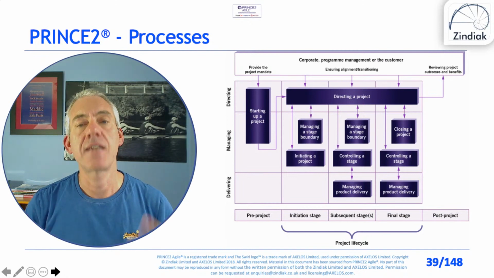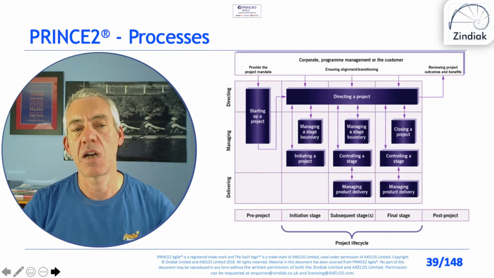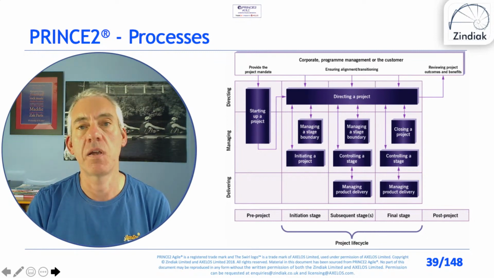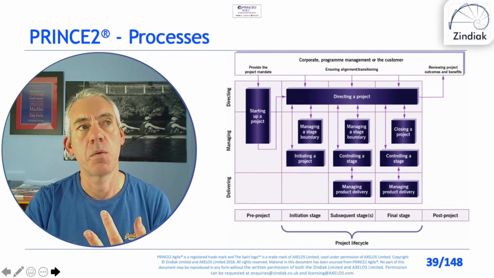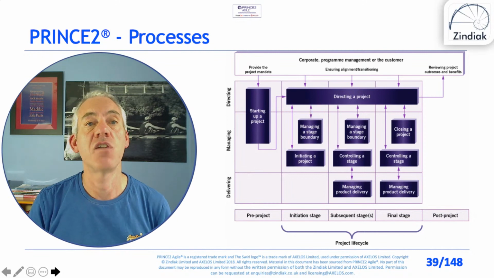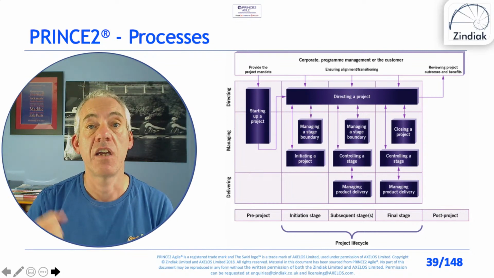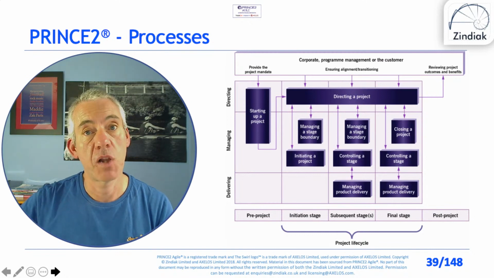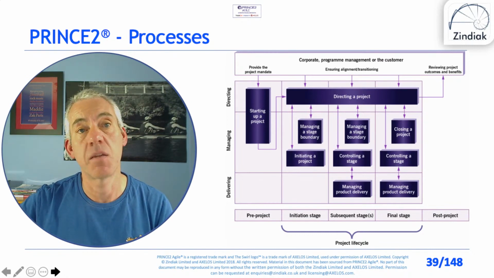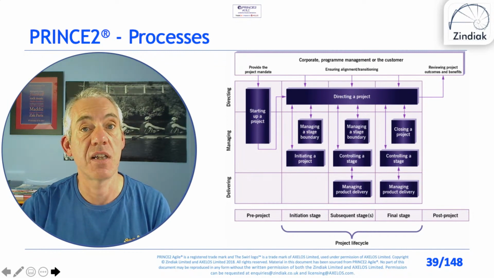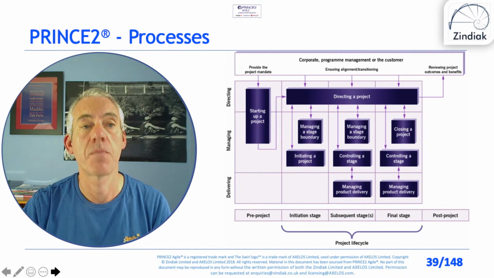There, we're setting the foundations for the project, and I've mentioned this a few times here. You're talking about how you're going to communicate, how you're going to do risk management, what your approach to organising the project is, and also, most importantly, you are creating your project plan, or refining the project plan, and creating the plan for your first delivery stage.